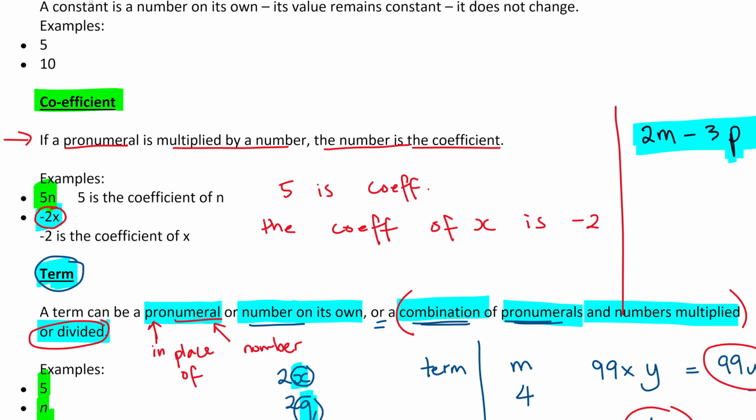Doesn't matter if you're wrong. Yes, it's an algebra question, but there's something unique about this: the equal sign. When you see an equal sign, that's an equation. So here I've got an equation in my blue box.